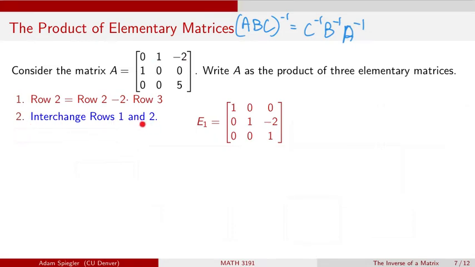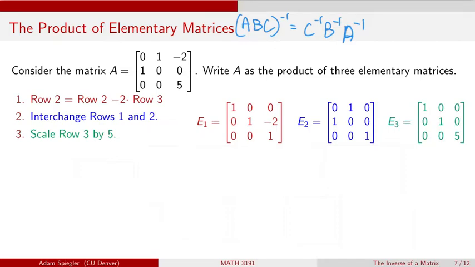And so what is the matrix that would apply this operation? The elementary matrix for that interchange would be what we get when we interchange rows 1 and 2 of the identity matrix. So here's the interchange. And then to get the 5 in the entry in the last row, we can do a scaling operation on row 3 by 5. The elementary matrix for that operation has top row 1, 0, 0, second row 0, 1, 0, and then the third row gets scaled by a factor of 5.